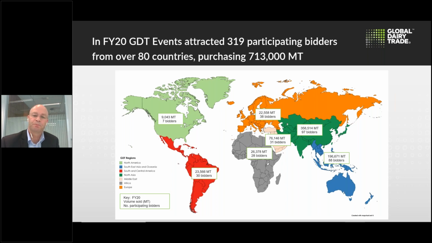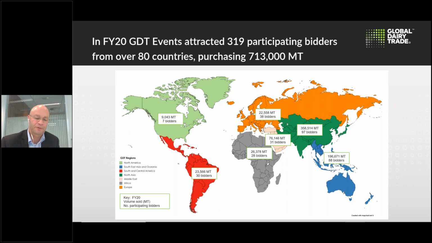The largest group being North Asia in the dark green. Let's see if that works, with 97 bidders. So around about 1/3 of the total number of bidders, accounting for roughly 50% of the total purchases, which then means that actually 50% of the sales are to parties outside of North Asia. So a large and diversified pool of sellers.